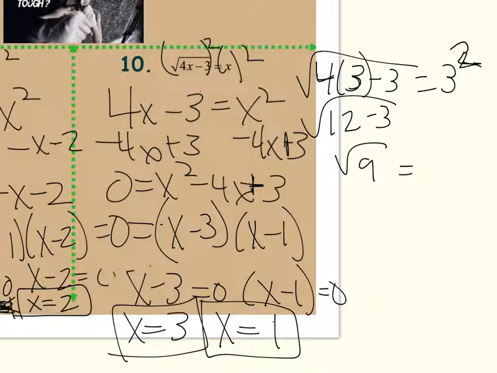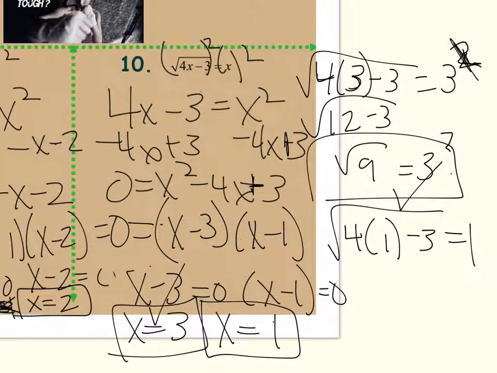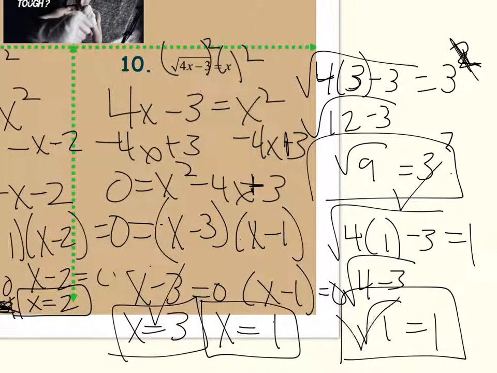Does that equal 3? Yes, it does. So 3 works. Let's try 1. 4 times 1 minus 3. Does that equal 1? Well, 4 times 1 is 4, minus 3, square root of 1 equals 1. So yeah, that works too. So both of those solutions work.